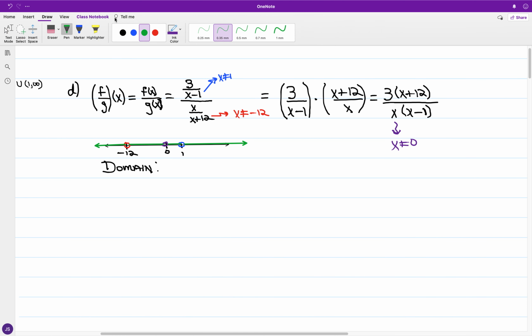So for the domain, for the lower end, we have going from negative infinity, approaching but not including negative 12. Then going past negative 12, approaching 0, but not including 0. Then bypassing 0 and approaching but not including 1.